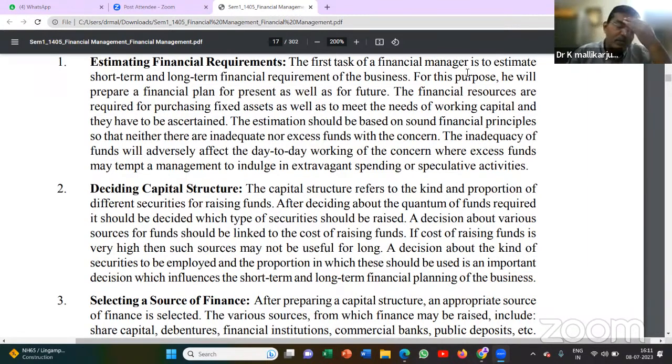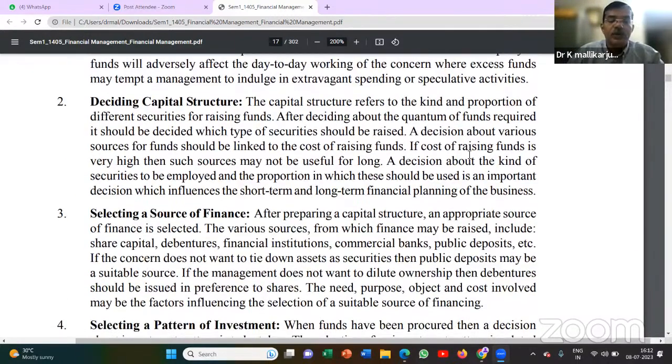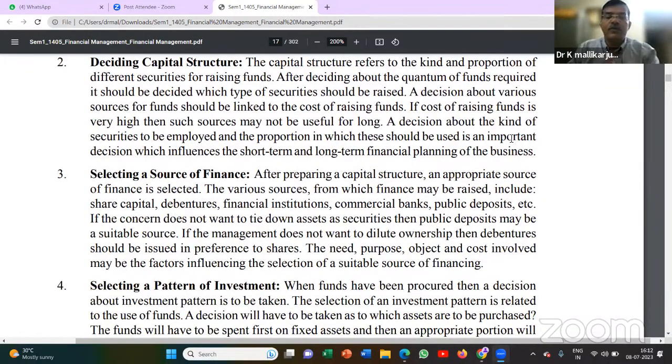Or if the company already has debt in its balance sheet and there is no further scope, the company can go for issue of equity shares, right? The company can balance both debt and equity in its balance sheet, right? Selecting the source of finance. Earlier I told you, out of issue of shares, debentures, bonds or retained earnings, the company selects the appropriate source, the cheaper source of finance.